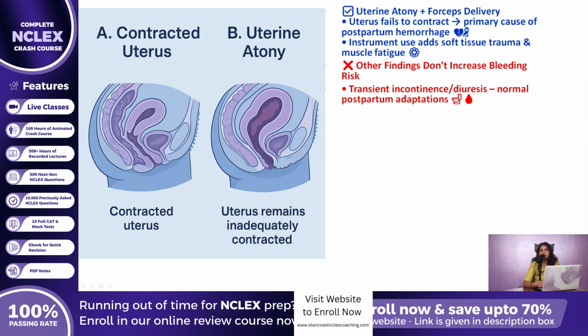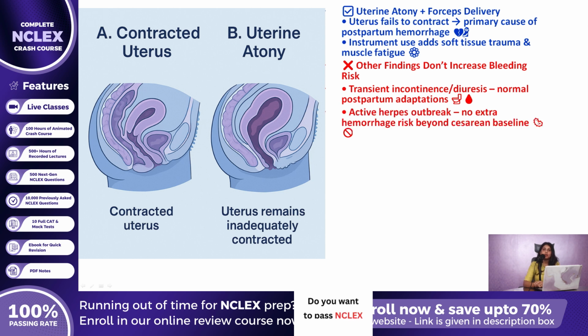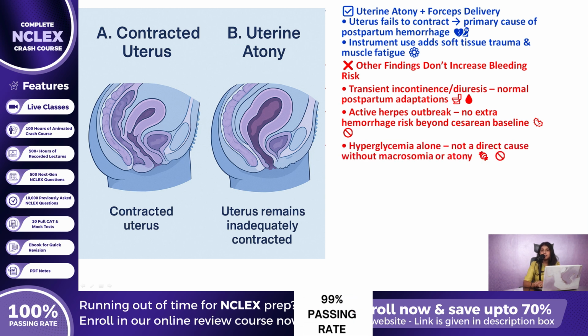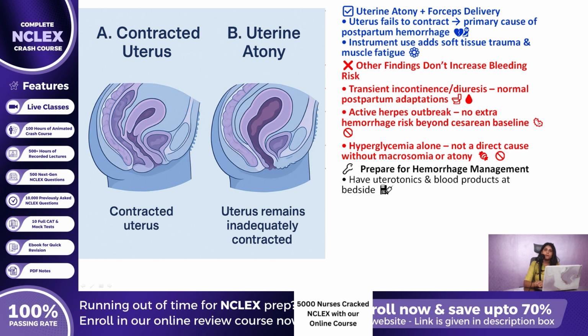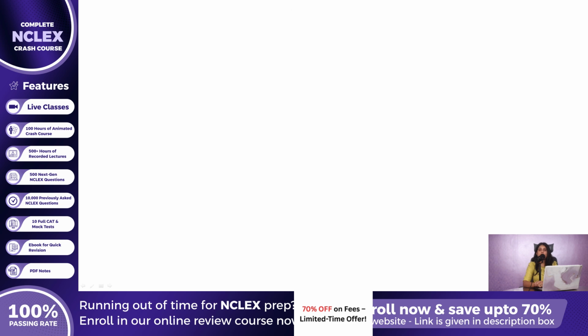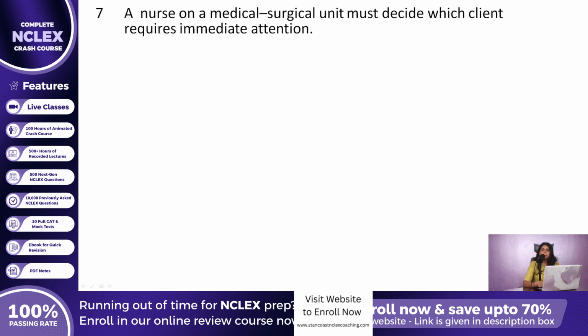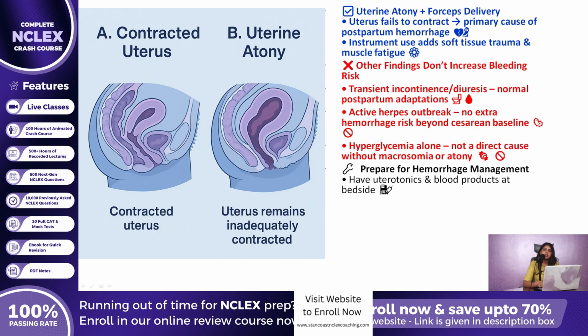An active herpes outbreak does not exacerbate bleeding beyond the baseline cesarean risk, and hyperglycemia alone does not directly precipitate hemorrhage without evidence of macrosomia or uterine atony. Early recognition of risk factors, such as prolonged labor or chorioamnionitis, allows preparation of uterotonics and blood products at the bedside to manage excessive blood loss.